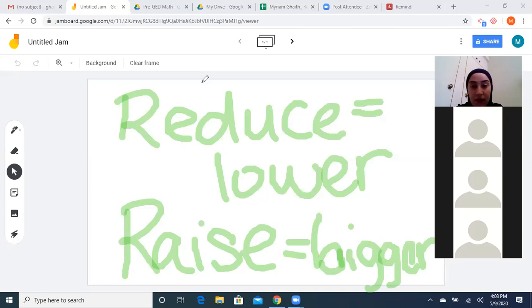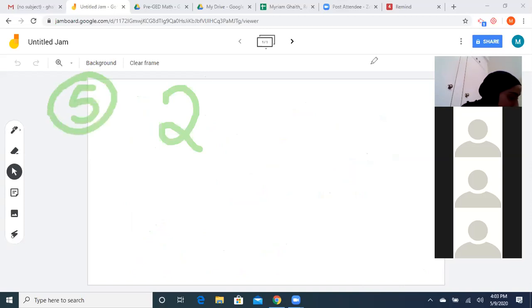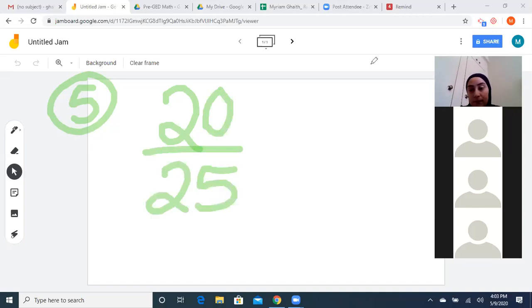If I gave you, can I erase this? Okay, let me clear it. I'm looking at number 5 on page 441. It says 20 divided by 25, and it says reduce this.